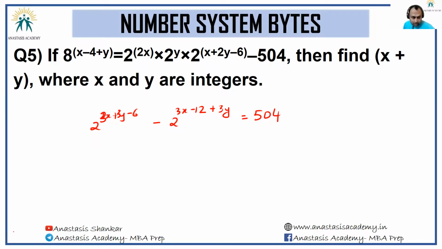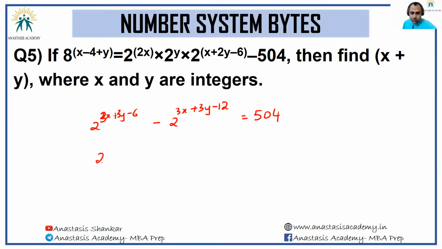So let me rearrange it even better. 3x plus 3y minus 12. Now see, very simple idea.